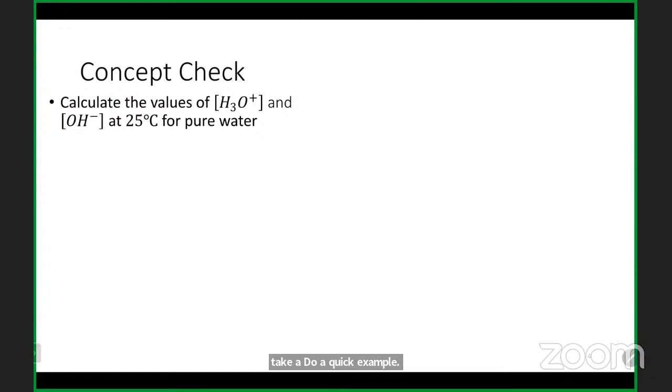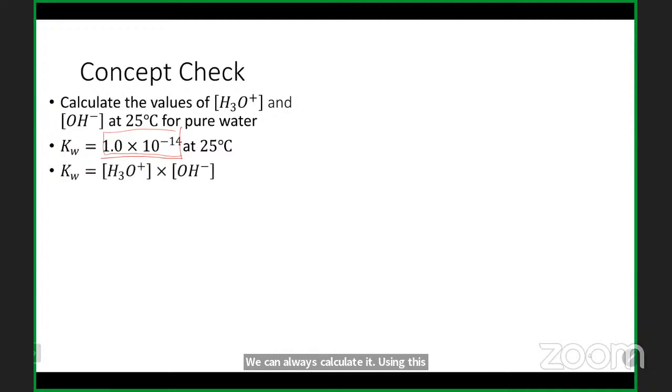Calculate the values of H3O plus and OH minus at 25 degrees for pure water. We can always calculate it using this value. Remember, this is the formula for the water dissociation constant.